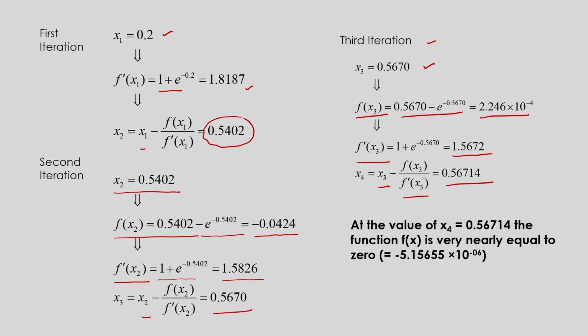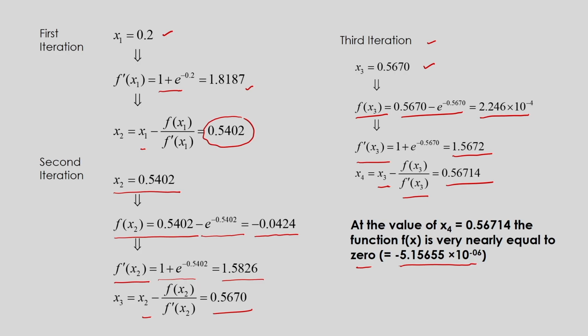0.56714. Now see, at this value of x4, 0.56714, the function f of x is very nearly equal to 0. This will give you the value as minus 5.15655 into 10 to the power minus 6.